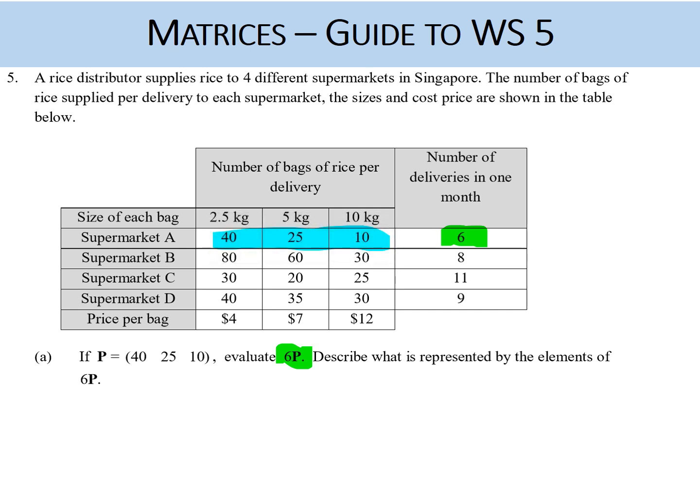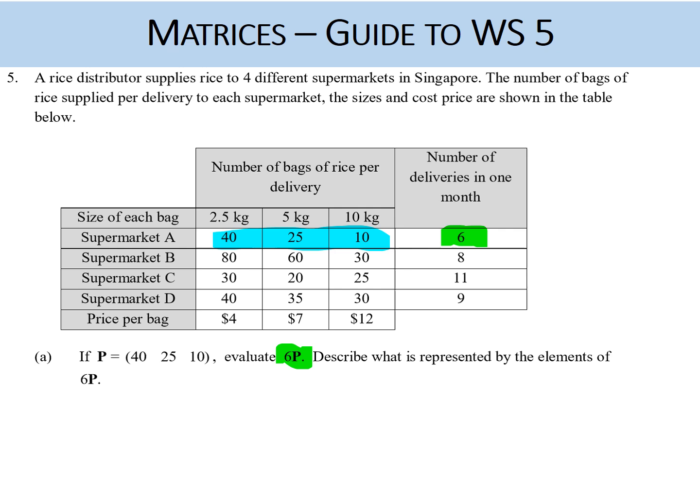The other info that you see given in matrix P is 40, 25, and 10. So which means this represents the number of bags of rice per delivery for supermarket A for each size of the bag. That means for 2.5, 5, and 10 kg. Putting all these together, how would you describe?